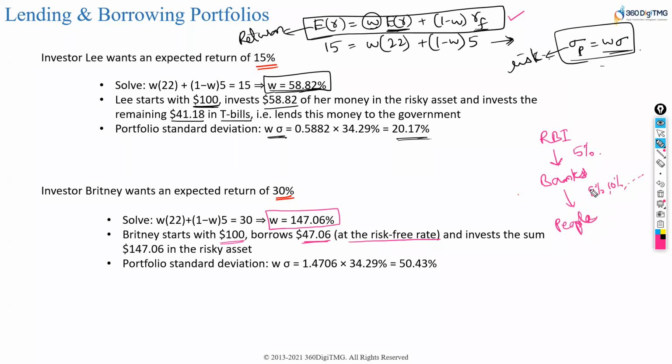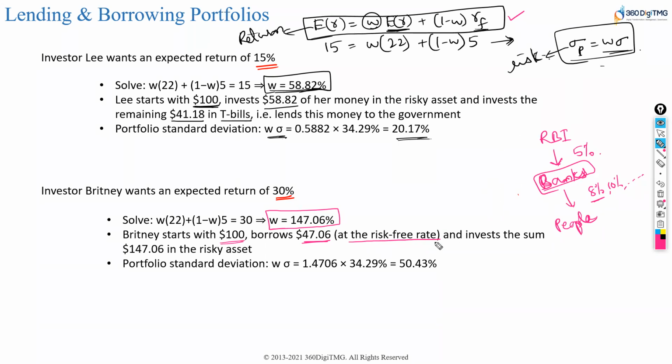Why do the banks charge you more? Because banks have to operate, right? They also need money to operate their business. So they take the additional percentage from you, and that additional percentage is revenue to the bank. With that additional 3%, they are going to pay the salaries, run their operations, rent, so on and so forth. If they charge 8%, 5% they pay to the RBI, another 3% they keep for their operations.